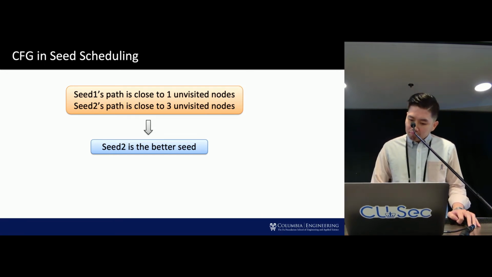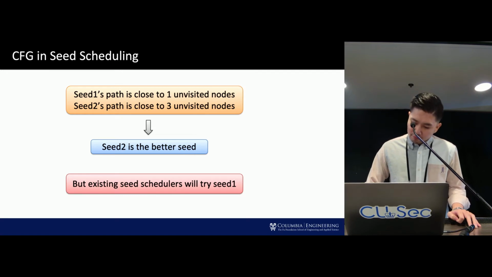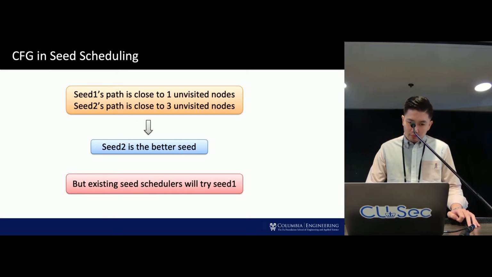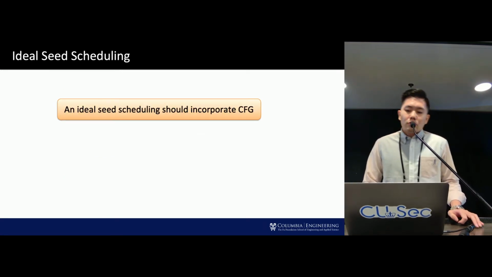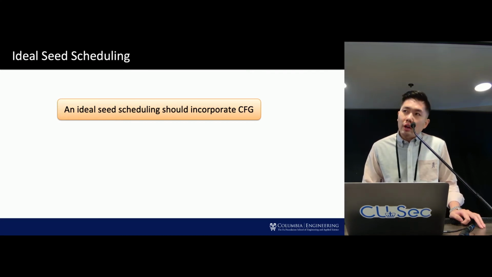However, existing works might choose seed 1 because their decisions are made based on pure mutation historical data without consideration of the structure of the CFG. So we know the CFG is important to seed scheduling. Then an ideal seed scheduling should incorporate the information of the CFG.